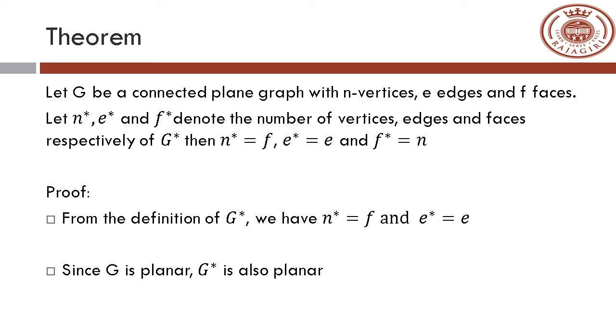And also the number of edges in the dual graph and the number of edges in the planar graph are equal. Since G is planar, G star is also planar.